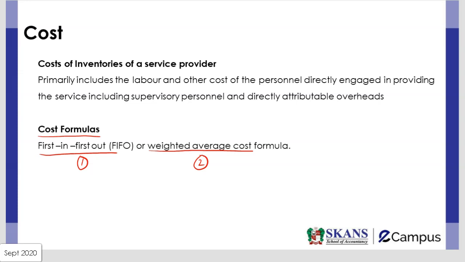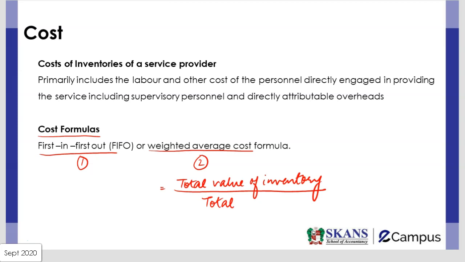To calculate the weighted average cost, our formula is total value of inventory, no matter at how much price difference it has been calculated, divided by total number of units. So all the items of inventory come at one single price, which is then considered our cost of sales. LIFO method is no longer allowed to be used as per IAS 2.